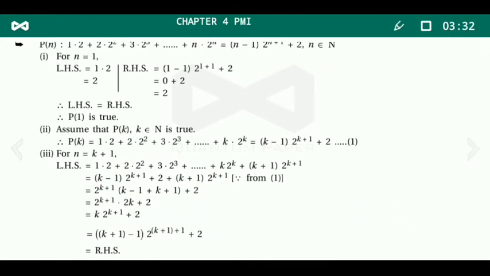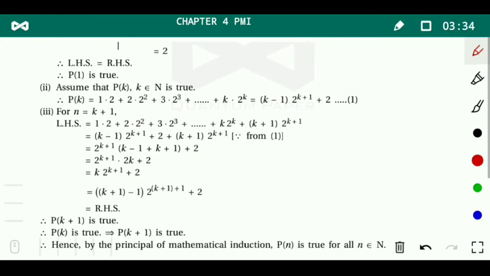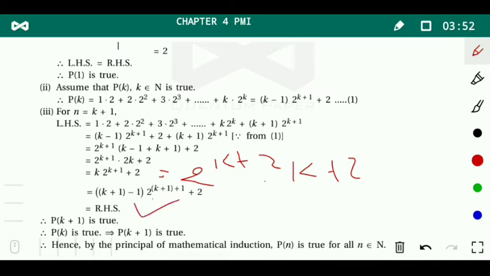Now the next step: we can write 2 raised to k plus 2 into (k minus 1 plus 2), which gives the right hand side. Therefore P of k plus 1 is true. P of k is true implies P of k plus 1 is true. Hence by the principle of mathematical induction, P of n is true for all n belongs to capital N.